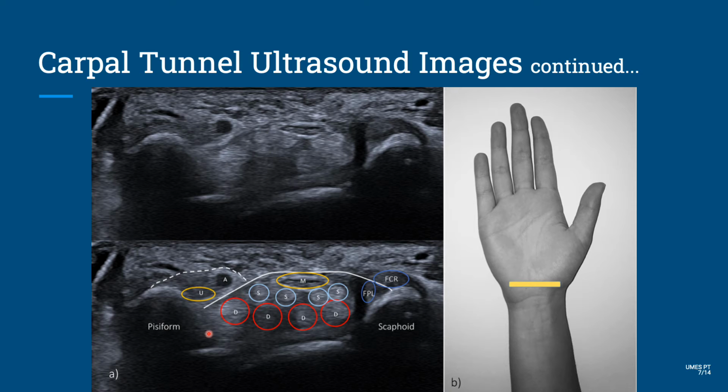Then outside of the flexor retinaculum, on the ulnar side, you're going to have the ulnar nerve and artery. And then on the radial side, right next to the scaphoid, you're going to have the flexor carpi radialis.